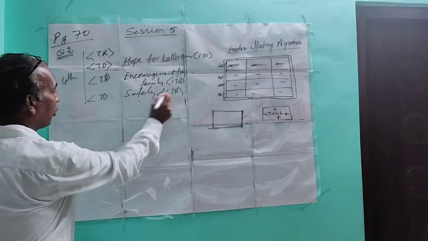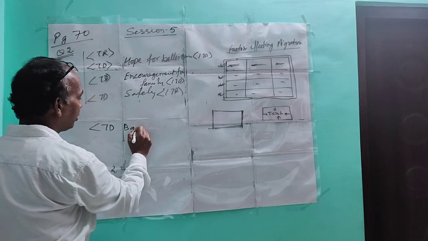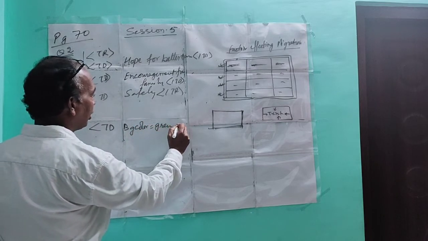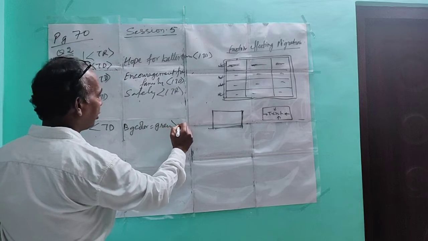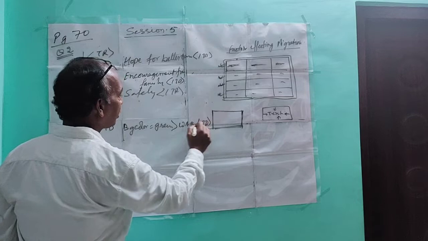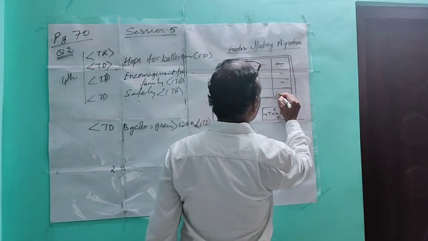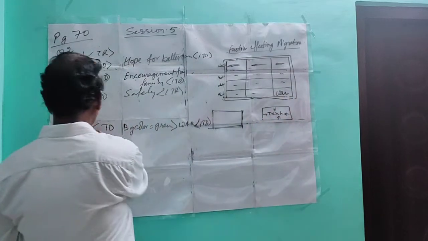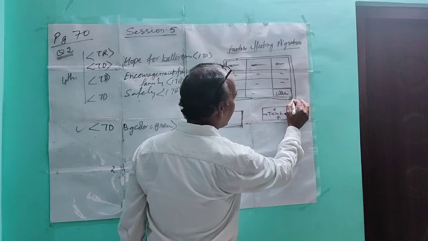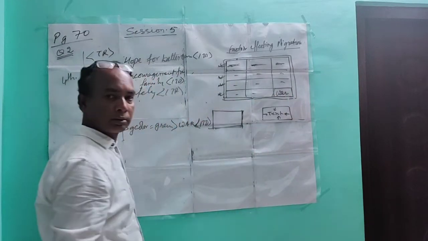Suppose I am using TD bgcolor equals green, then close TD. So I'm just giving an example. If you write the tag this way, the background of this cell appears green in color.